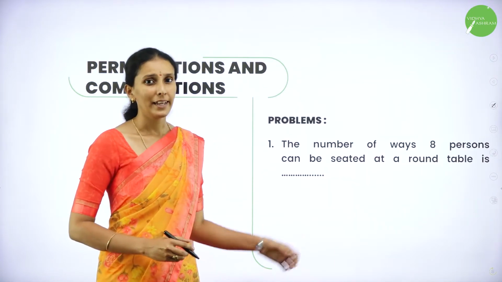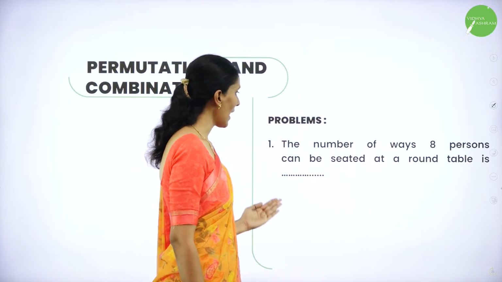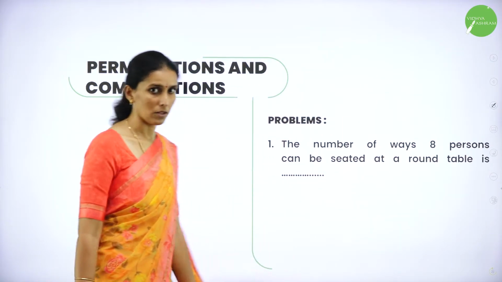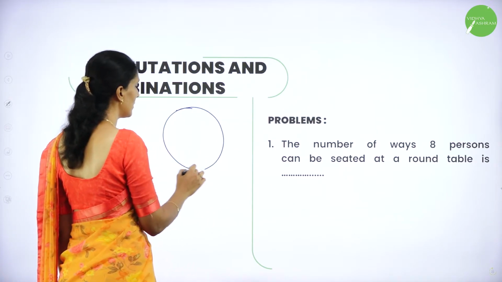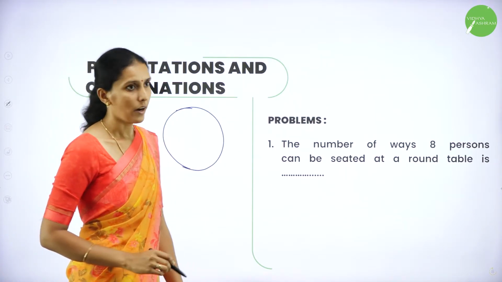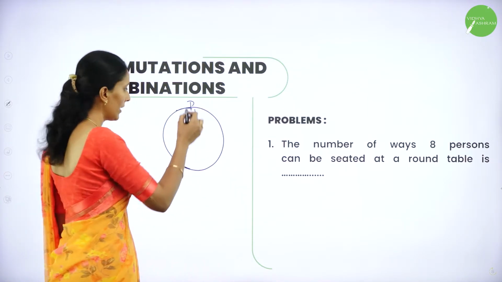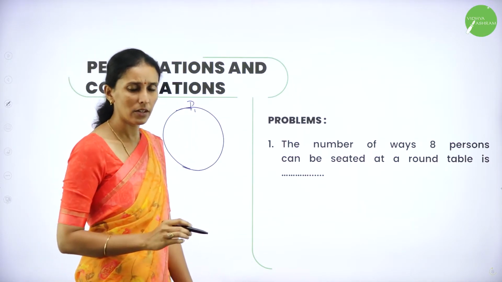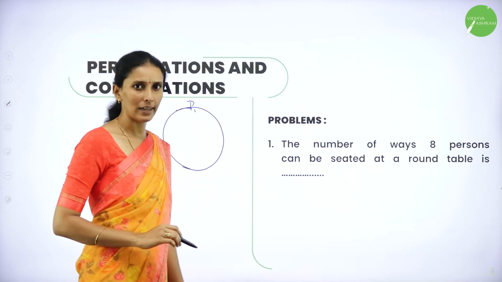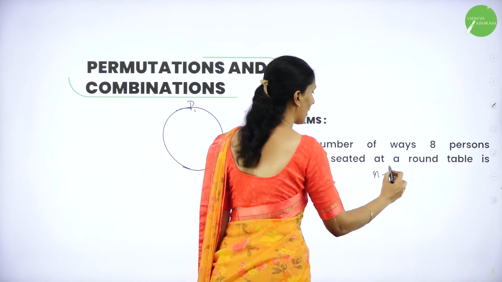Okay, so let me take the first problem here. The number of ways 8 persons can be seated at a round table. So I have to locate 8 persons at a circular table. If person 1 is sitting, I can start filling from here or from any other place. The arrangement in circular places will always be (n-1) factorial.